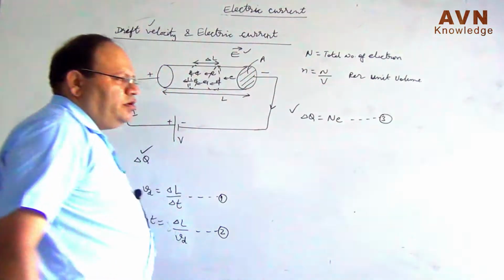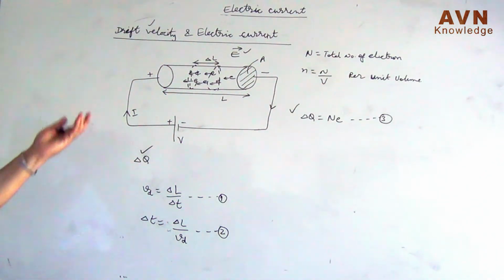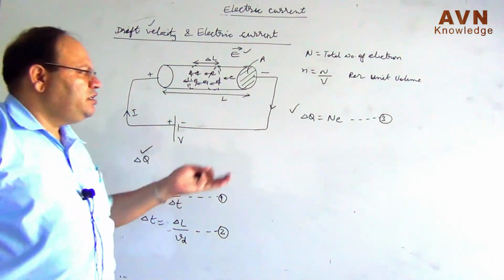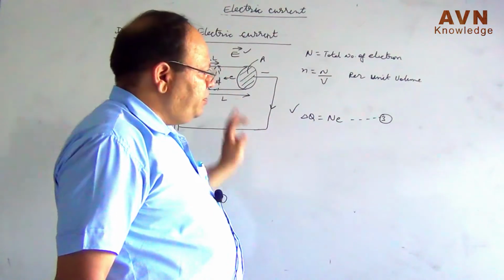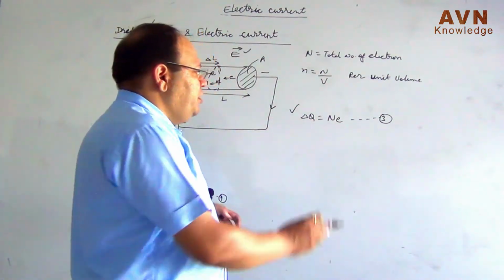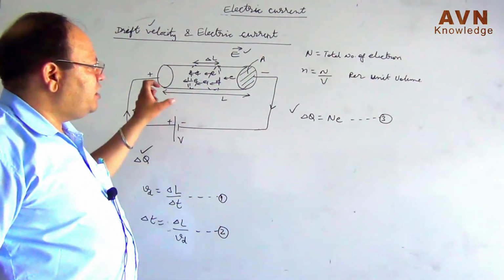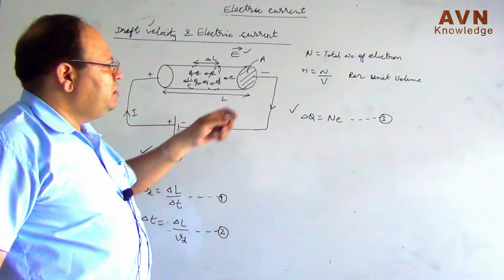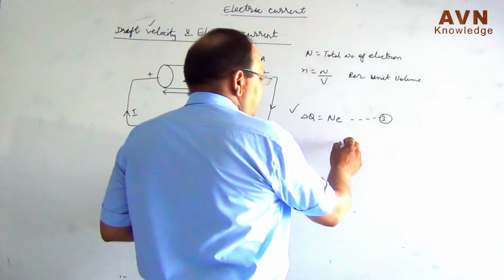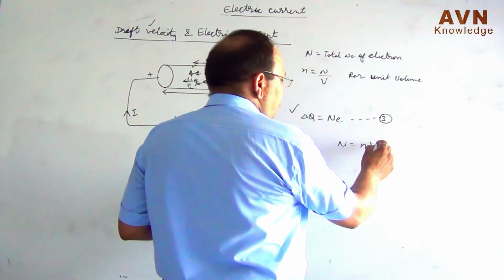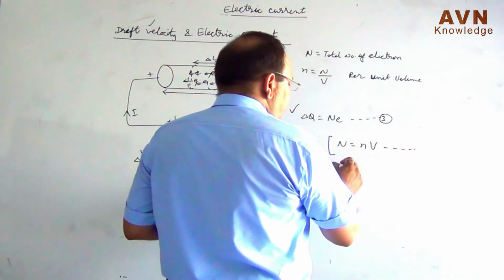Charge is a quantized property, and you already have this formula from the first chapter: Q equals N e, where e is the charge of an electron and N is the number of electrons. Here, the total number of electrons capital N equals small n into V.